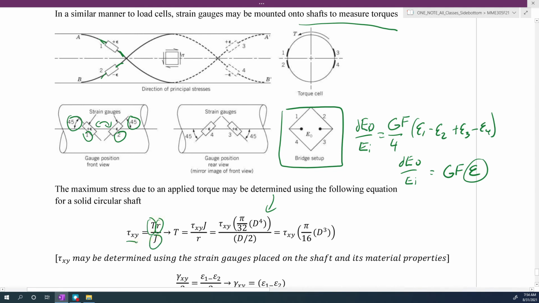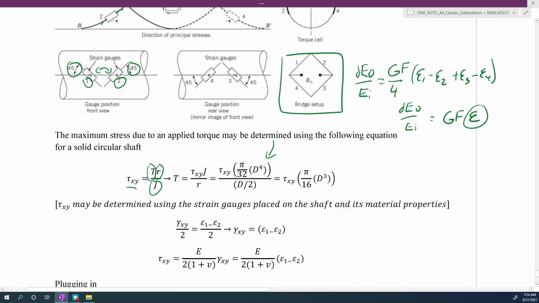All right. Now we can calculate tau xy experimentally if we know the value of the strain gauges and the material properties. Gamma xy, which is our maximum shear strain, is going to be equal to the difference between our two strains that we're measuring.